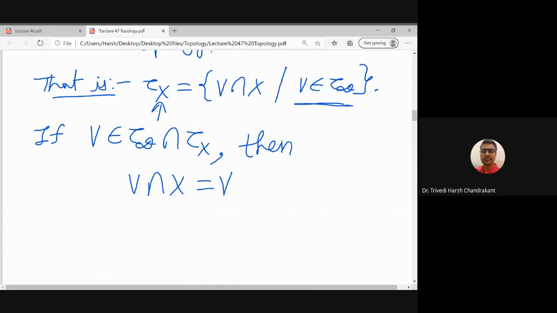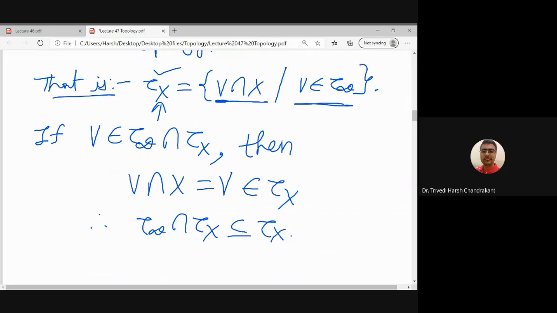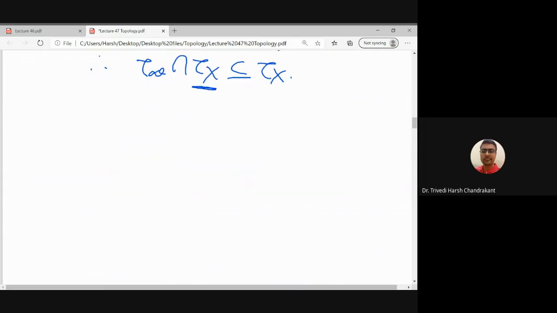So if I take any element of tau X, then its intersection with X is V, and V, we already know, is in tau X, right? So what we proved here is that tau infinity intersection X is a subset of tau X. So if I take a first type set, it is already in tau X. Now we'll take the second type set.